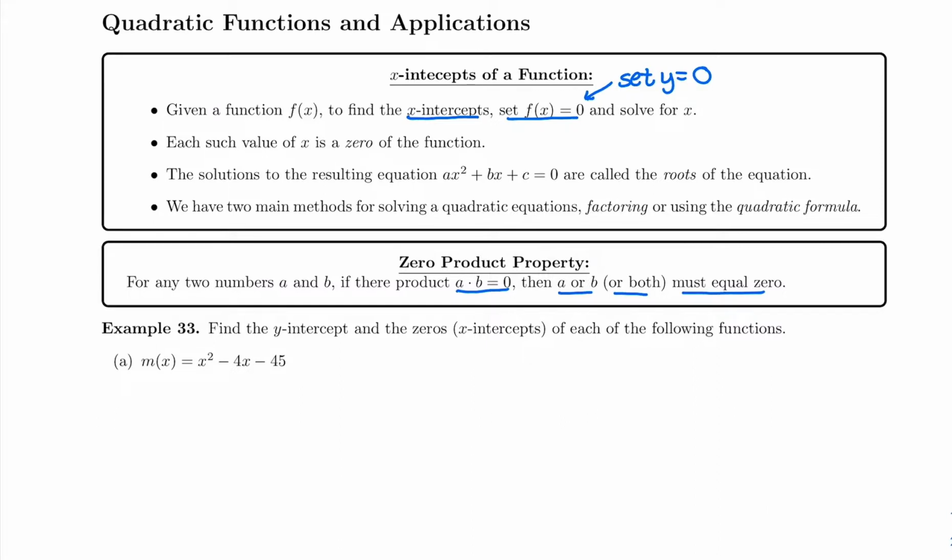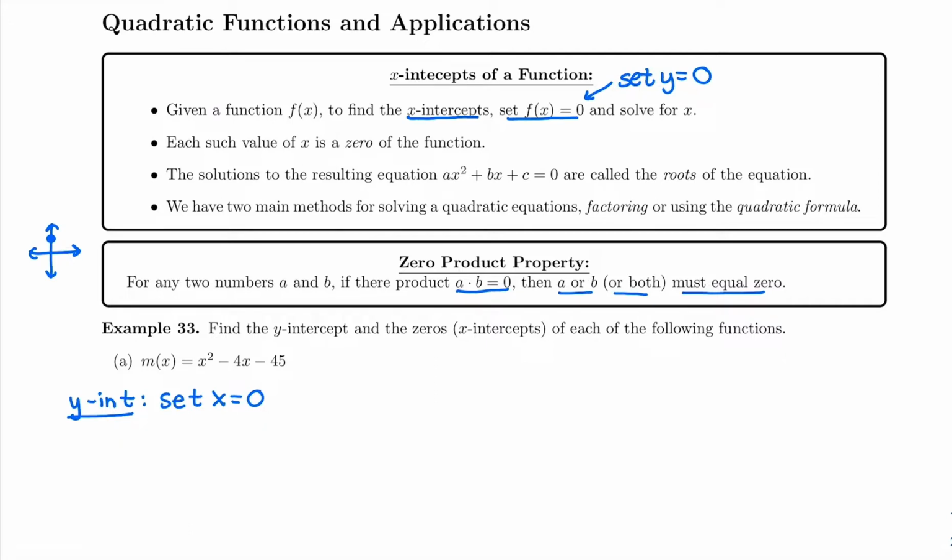So looking at this, if we want to first find our y-intercept, to find a y-intercept, you want to set x equal to 0, right? If you think about an xy chart here, if you want to touch the y-axis and have a y-intercept, that x value must be 0.